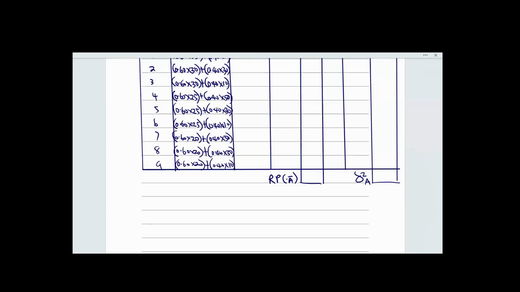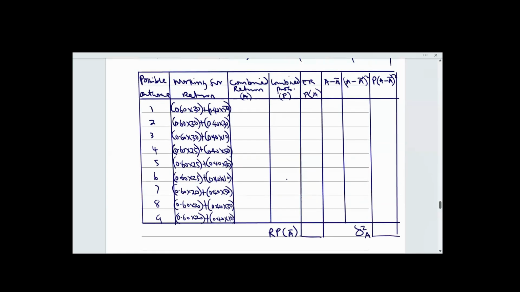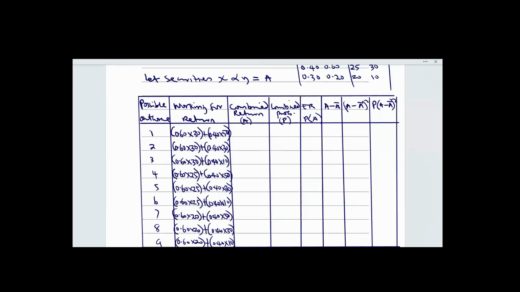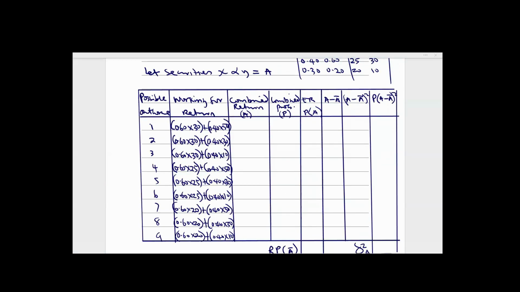So let's determine the value. Bring out your calculator and give me the numbers quickly. Let's start from the first one. You open a bracket, open 0.6 multiplied by 30, close the bracket. Plus, open a bracket, 0.4 multiplied by 50, close the bracket.